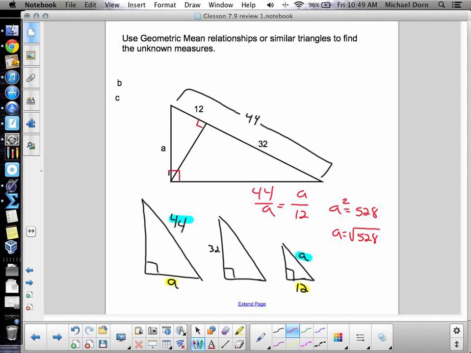So I got to find perfect squares that go into 528. 264 is the highest level, so 256 doesn't go in. 225 does not go in. 196, 169. 16 does go in, I think. 528 divided by 16.